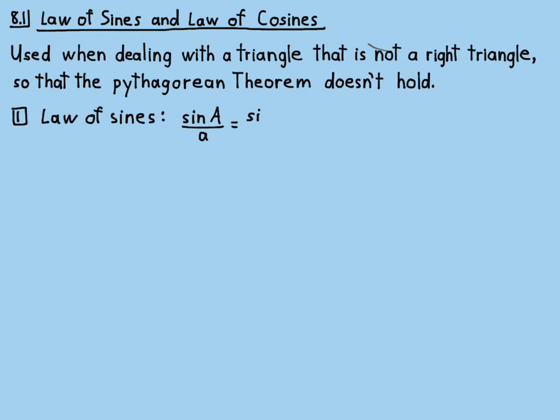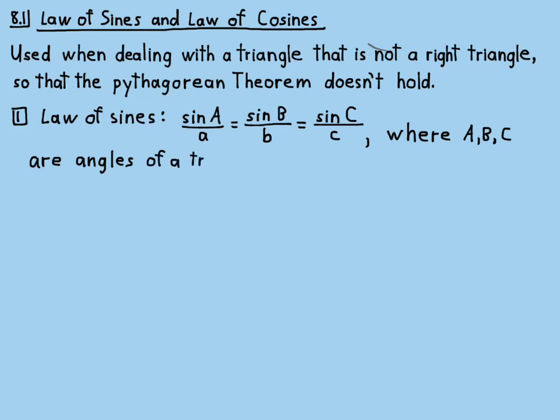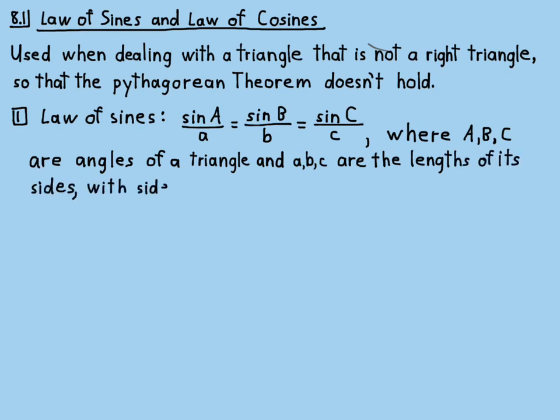Okay, so the law of sines says this: the ratio of the sine of an angle with the length of its opposite side is always the same, which can be written as sine A over little a equals sine B over little b equals sine C over little c, where the capital A, B, and C are angles of the triangle, and little a, b, and c are lengths of the sides.